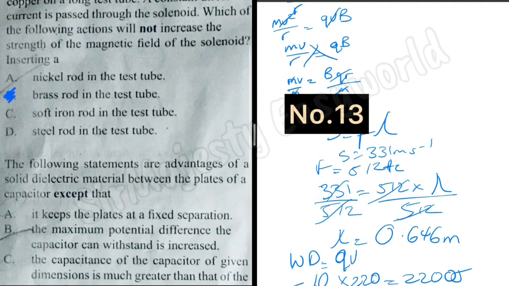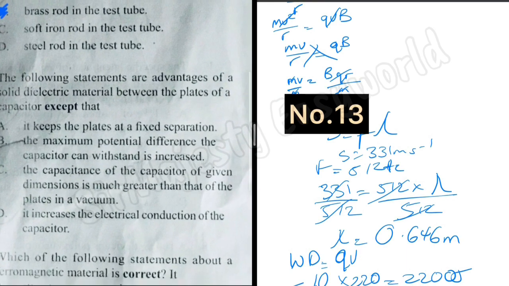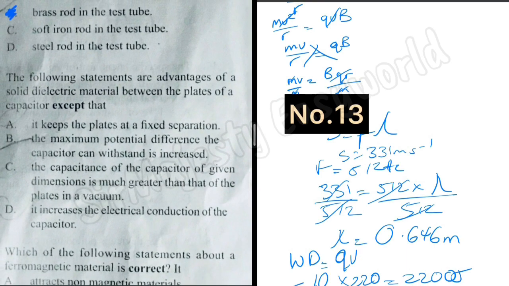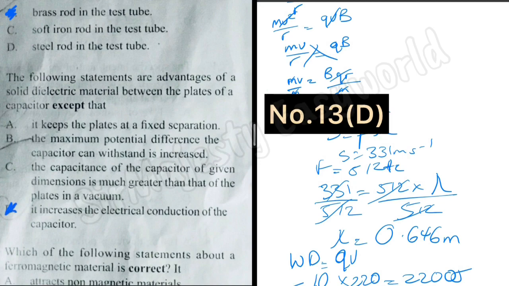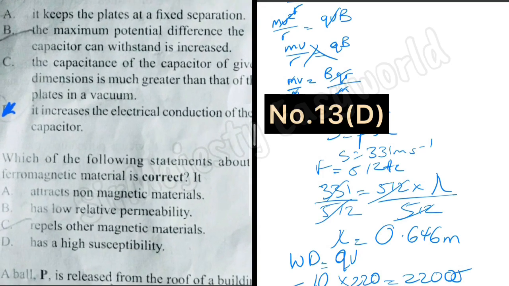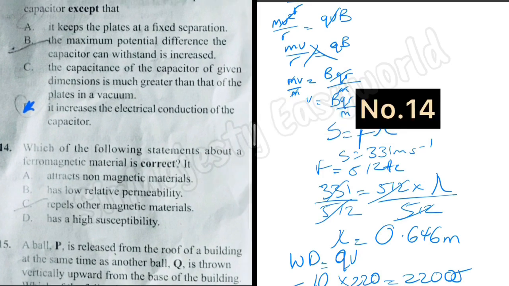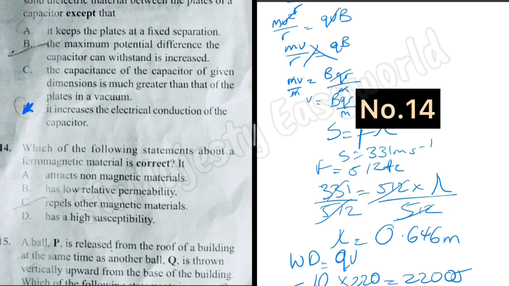So the next question is, the following statements are advantages of a solid dielectric material between the plates of a capacitor, except that it increases the electrical conduction of the capacitor. Why did I say it? Because insulators naturally do not conduct electricity, so it cannot increase the electrical conduction of the capacitor. Then, which of the following statements about a ferromagnetic material is correct?